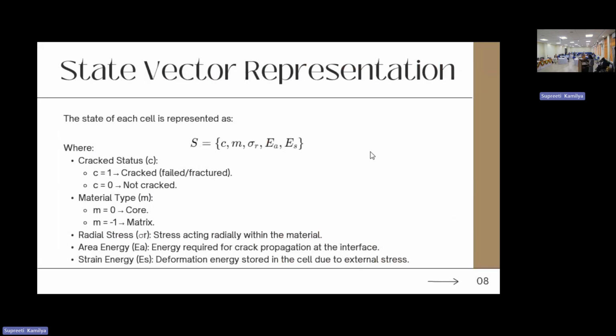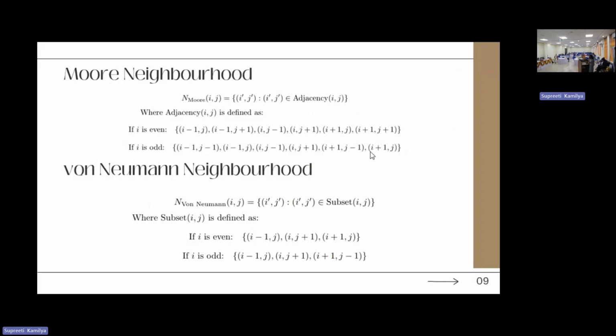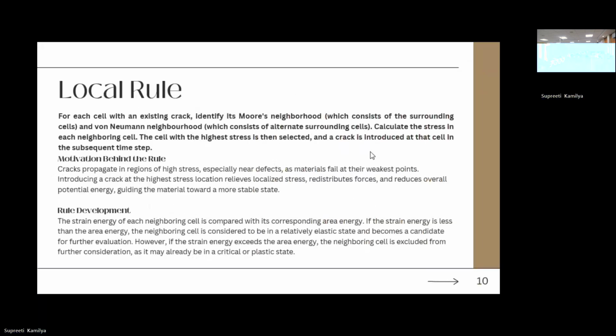And then the radial stress, which we have computed from the previous formulas, and the area energy, which is also a material property which will be taken from elsewhere, and the strain energy, which can be calculated based upon the stress that we have computed. This is the mathematical expression for the Moore and the von Neumann neighborhood, but that has been discussed previously. And the local rule.